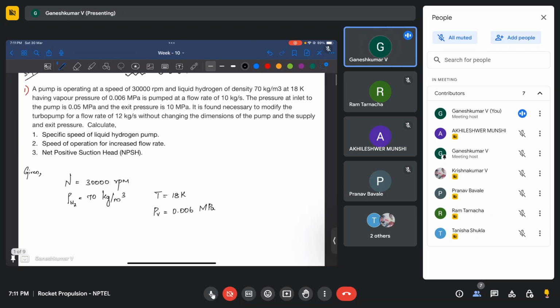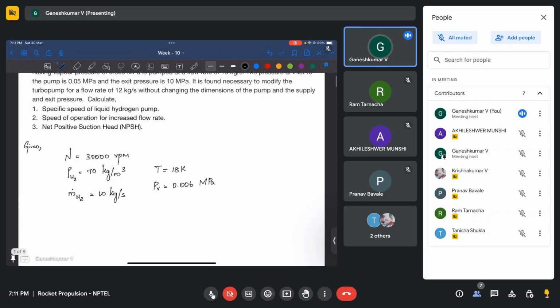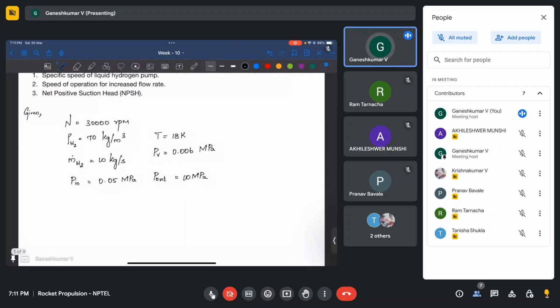Flow rate, it is in kg per second, so m dot of hydrogen is 10 kg per second. Pressure inlet to the pump and exit, so P in is 0.05 megapascals and P out is 10 megapascals. Now we need to modify, so the modified m dot dash, let's say, is 12 kg per second.